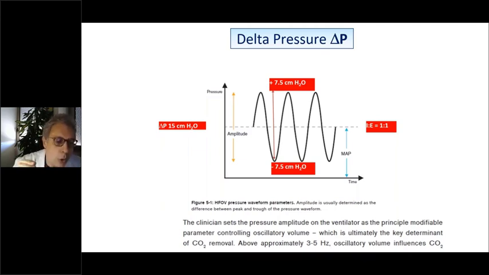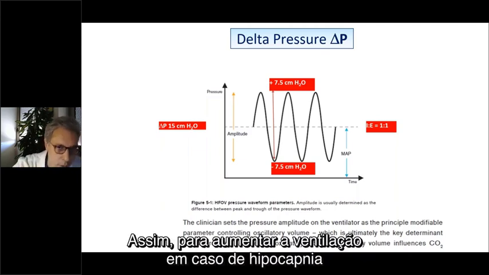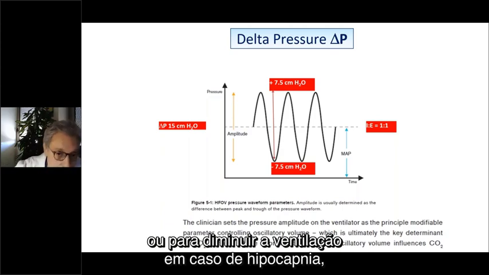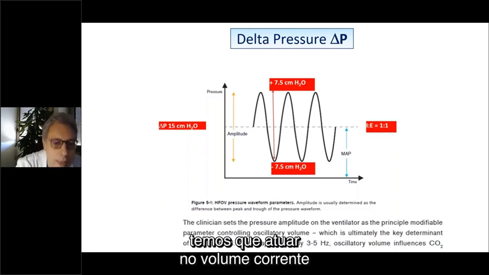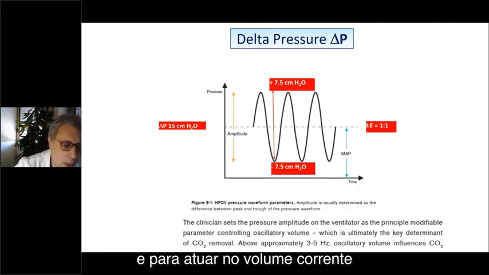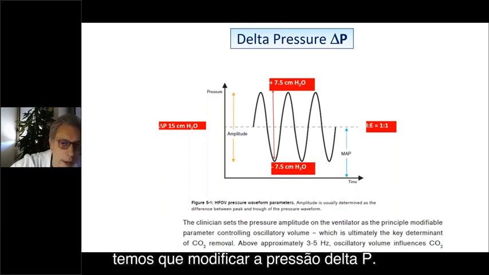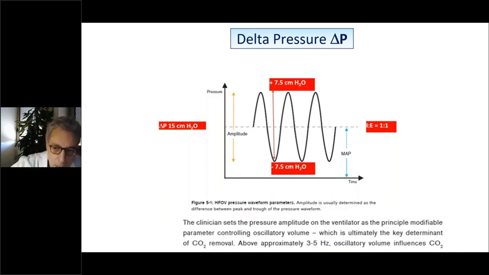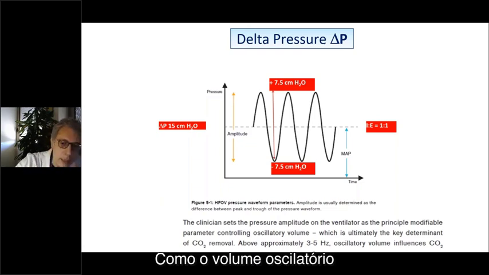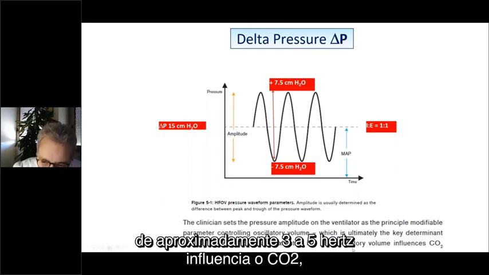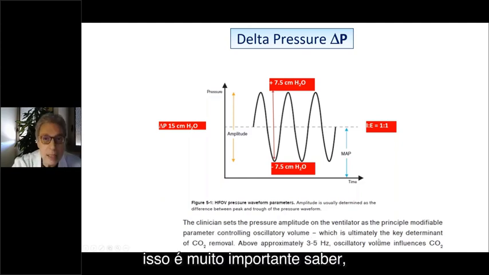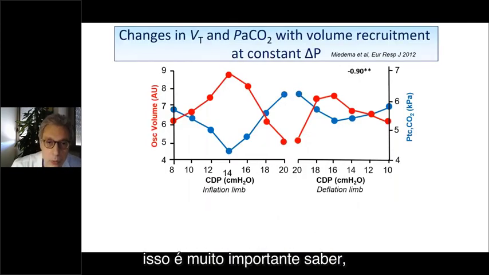So, to increase the ventilation in case of hypercapnia, or to reduce ventilation in case of hypocapnia, we have to act on the tidal volume. And to act on the tidal volume, we have to modify the delta P pressure, okay? Because above approximately 3-5 Hertz, oscillatory volume influences the VCO2. This is very, very important to know.